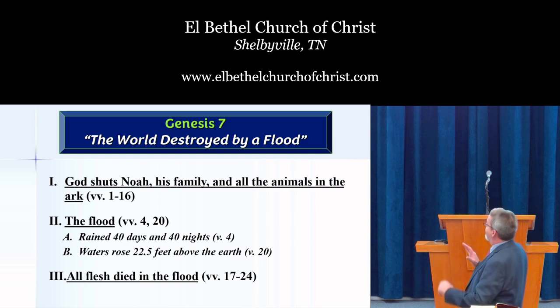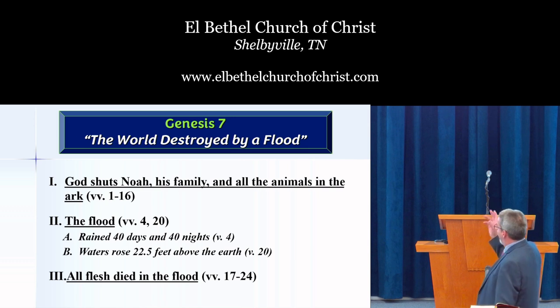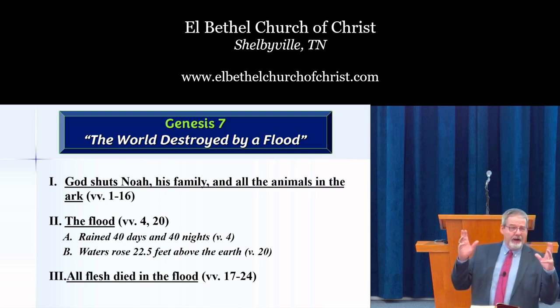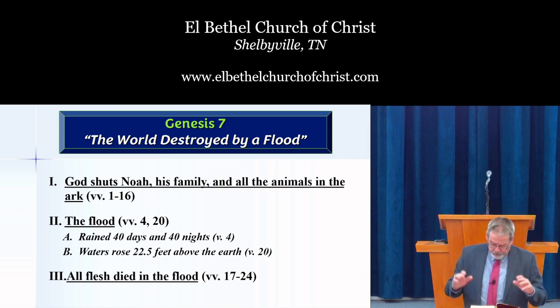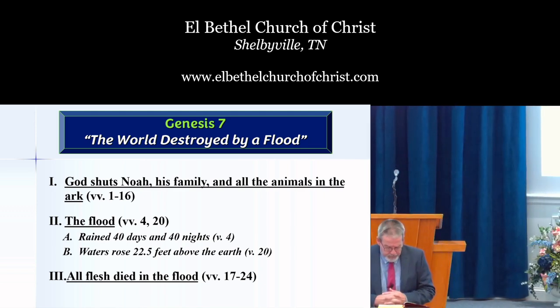God shuts Noah and his family and all the animals in the ark, verses 1 to 16, and then we see the flood itself. I've kind of separated that out. Pull verse 4 and verse 20, one out of one section, one out of the other, that describes the flood. So let's go through 1 through 16 first. God shut them up in the ark. Now, God told him to come into the ark, and he was to take with him 7.